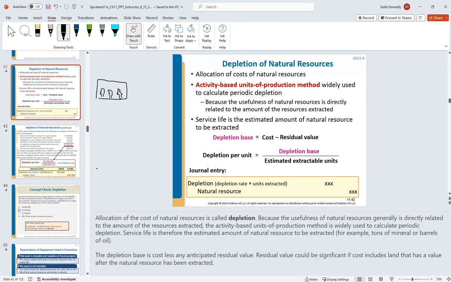The idea with this is just like when you buy a building, you do not immediately expense it, right? You do not immediately expense that Christmas tree farm. Instead, what you do here is you say, hey, we're going to try to match the depletion expense with the useful life of this.